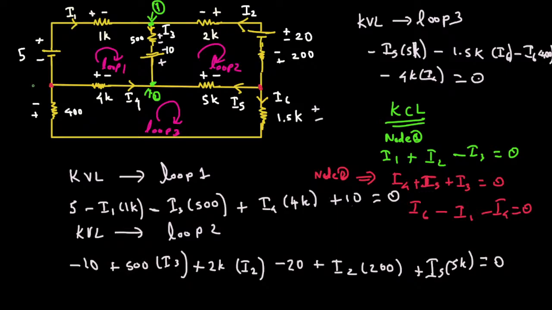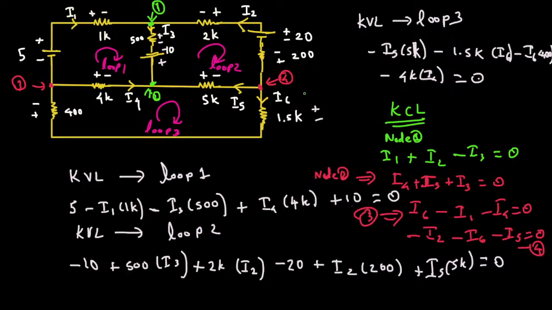Then we can consider this as node 4. At node 4, I5 is exiting, I6 is exiting, I2 is exiting, all of them are exiting. So we say minus I2 minus I6 minus I5 is equal to 0. And these are the four KCL equations we can derive.